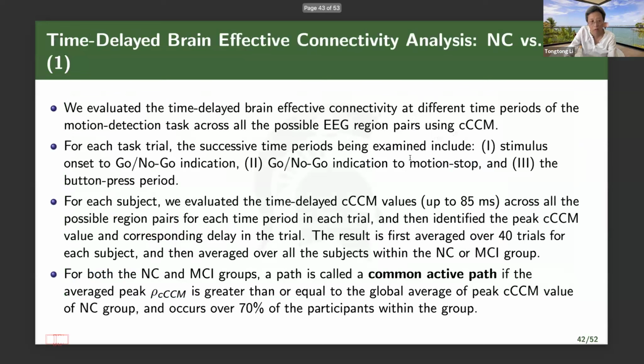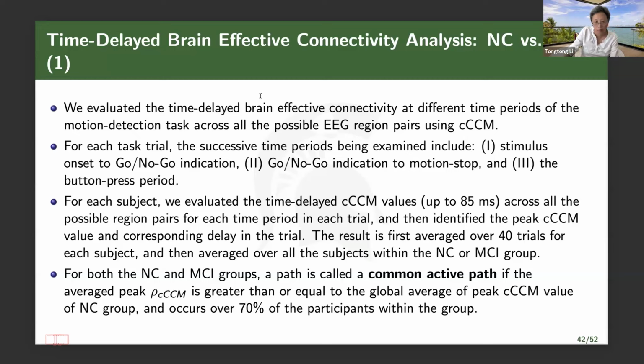And we considered the time delayed brain effective connectivity, because we think the communication from one region to the other will take non-zero time. So if you cannot find causality between xt and yt, it does not mean you cannot find causality from xt minus tau to yt, because there could be a delay.